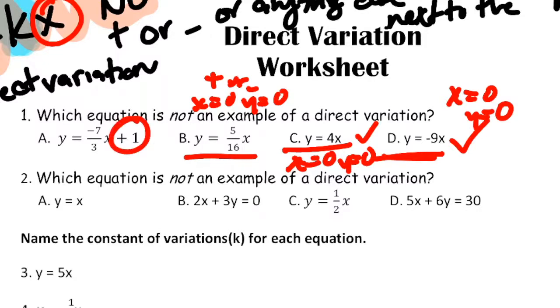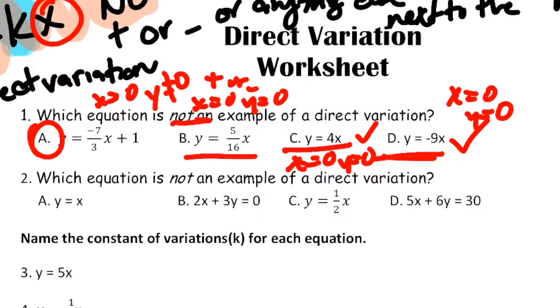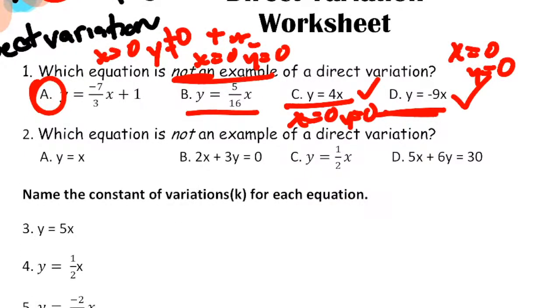There's no way this can be a direct variation. Why? Because when x is 0, y is not 0. It's something else. In this case, it would be 1. That's not a direct variation. So your answer should be A, because it's asking for what is not an example. Okay? For your next one, let's get started.